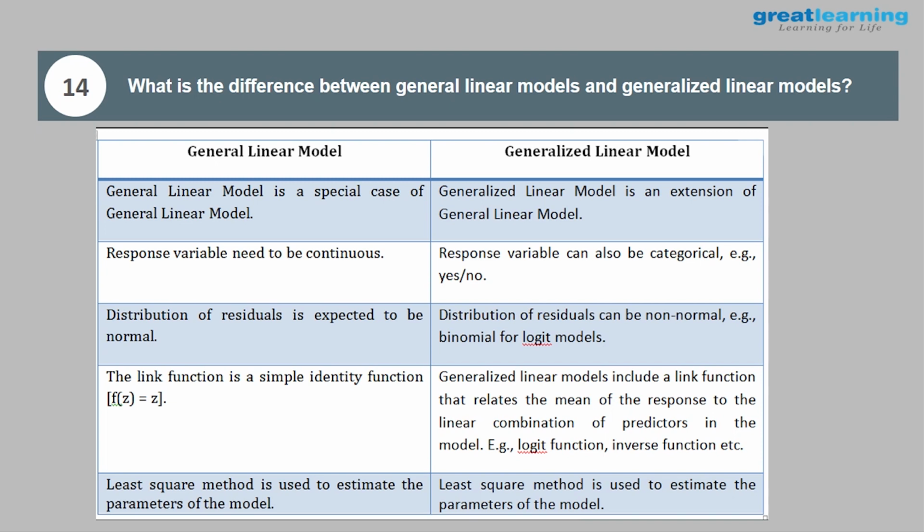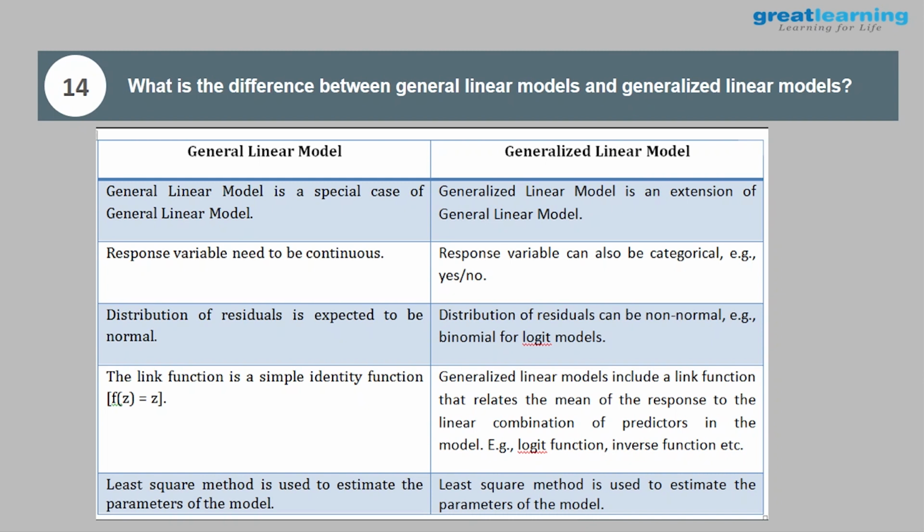This is quite tricky, right? In a general linear model, the response variable needs to be continuous. But in the case of a generalized linear model, the response variable can also be categorical, like yes or no, right?